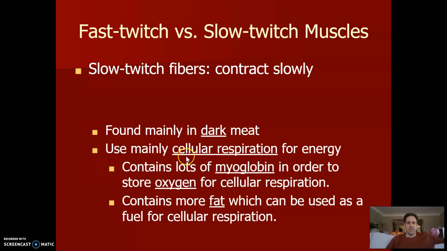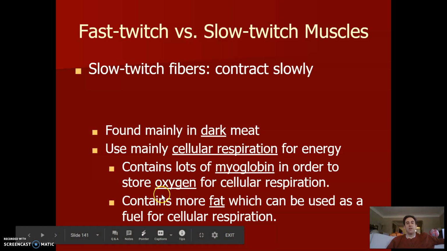So it contains a lot of myoglobin in order to store oxygen for cellular respiration. And myoglobin, you may recall, is a reddish colored pigment. So if you have more myoglobin to store oxygen, that's going to give you a redder color and you're going to be darker in color. That's why dark meat is dark.